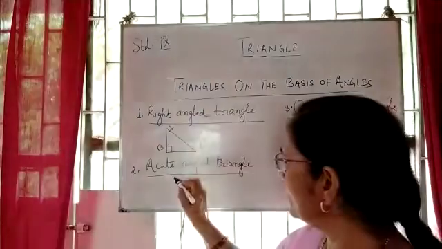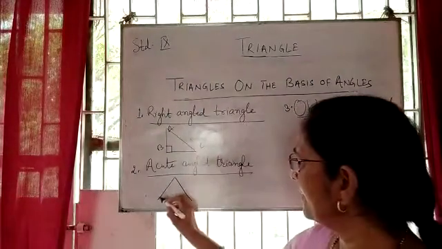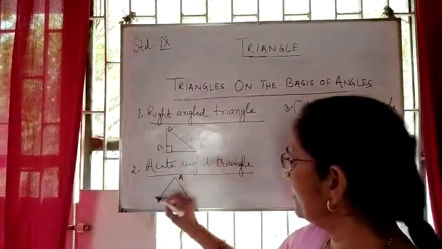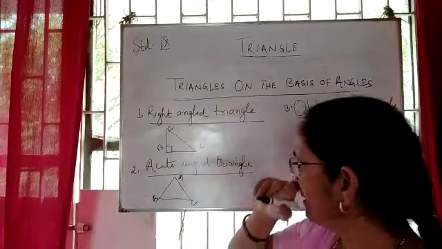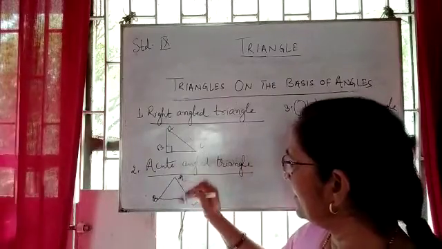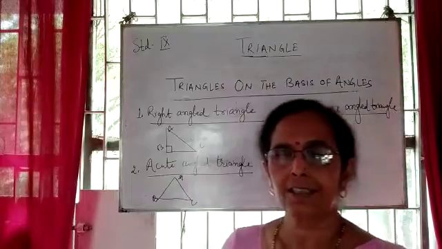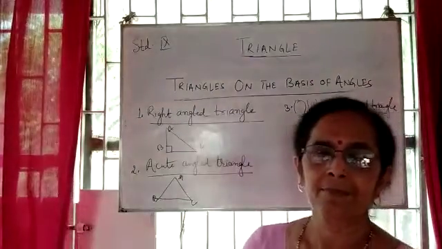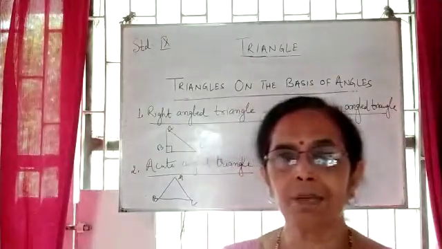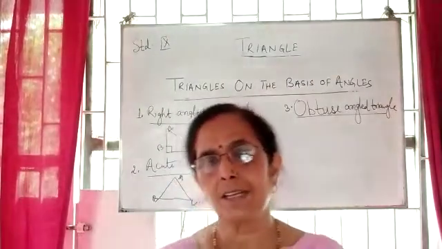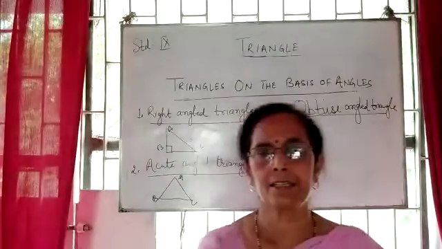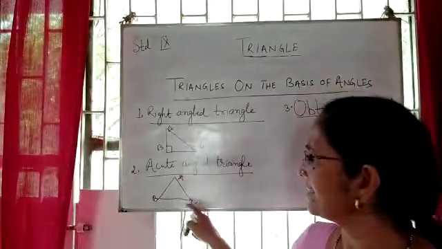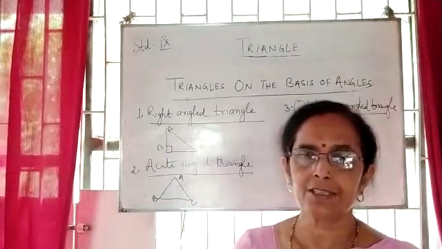Now we see here is a triangle ABC. Angle A is greater than 0, less than 90. The same is with B and C. Means all the angles are measuring more than 0 degrees but less than 90 degrees. So this triangle ABC is an acute angled triangle.